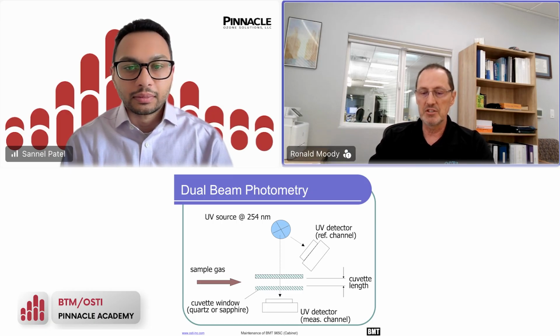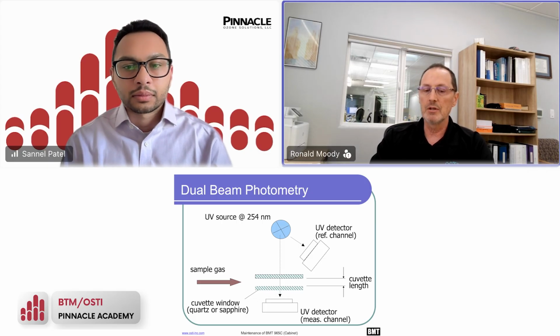Now, this illustration shows ozone in gas phase, but I should mention that UV photometry also works for dissolved ozone in water with some restrictions on application, which I'll talk about shortly. And in the picture, you also see a second photodiode.